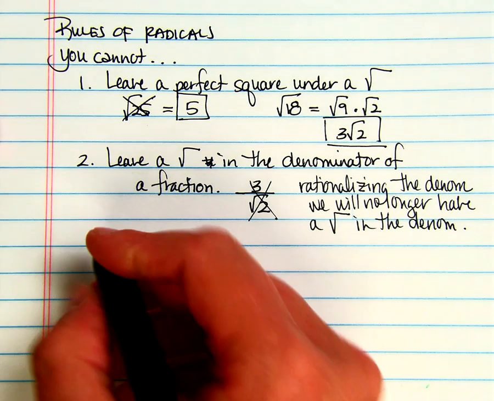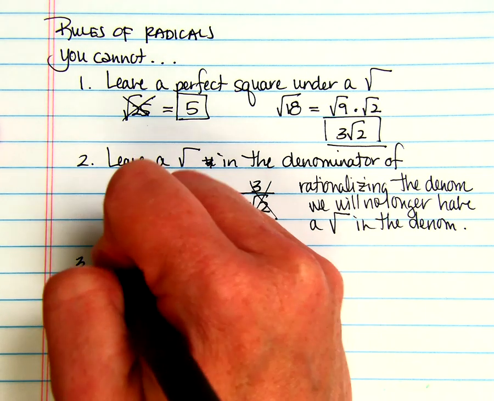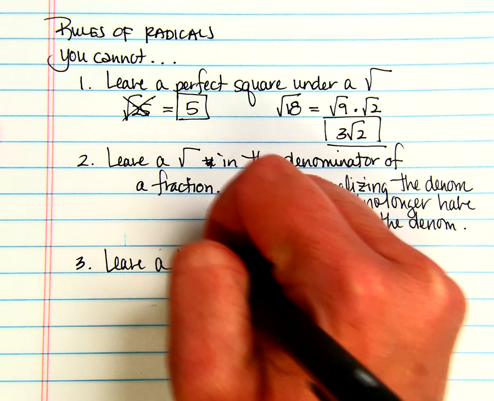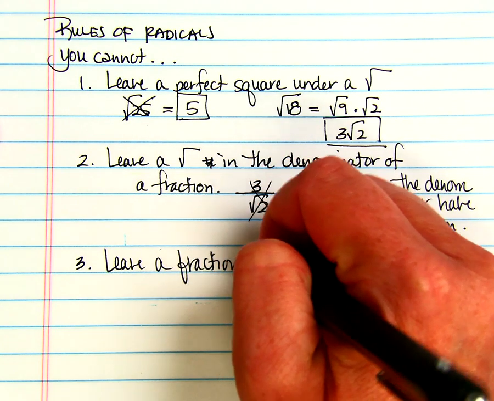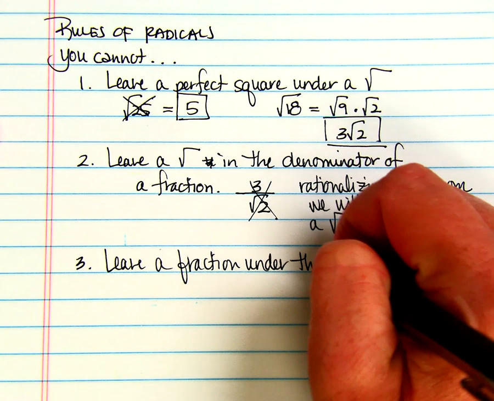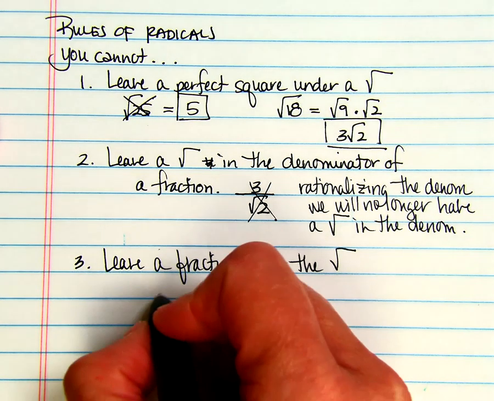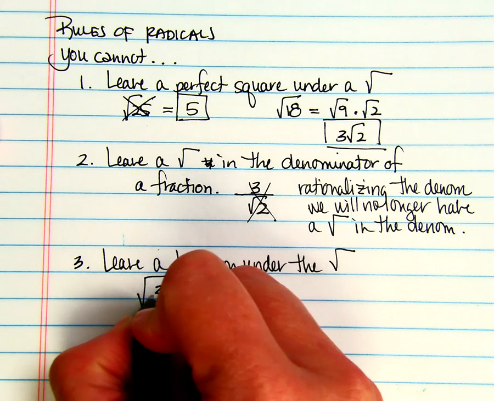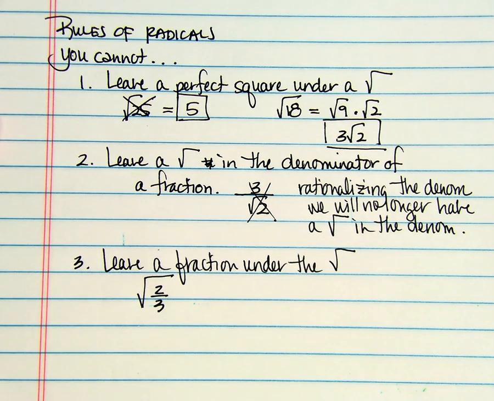The third thing you cannot do is leave a fraction under the radical sign. So you could not leave an answer as the square root of 2/3. Can't do it.